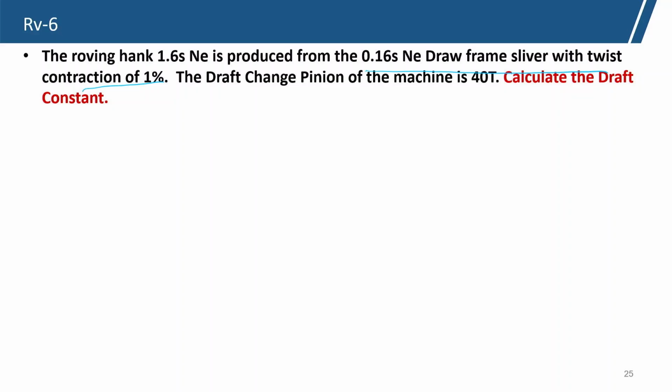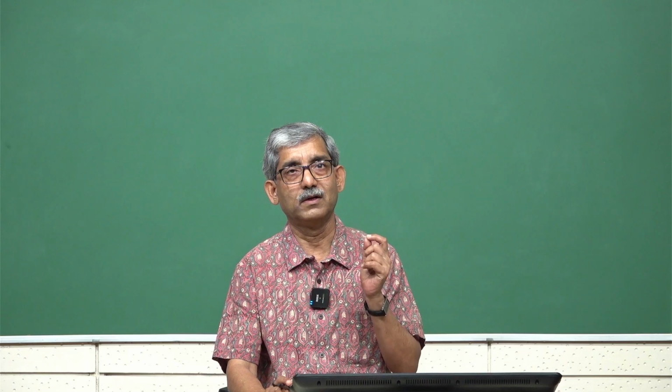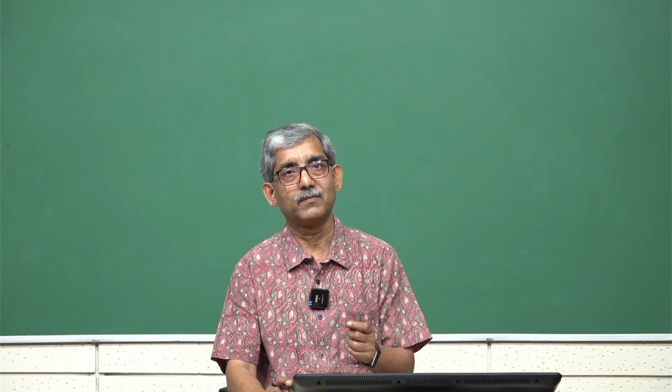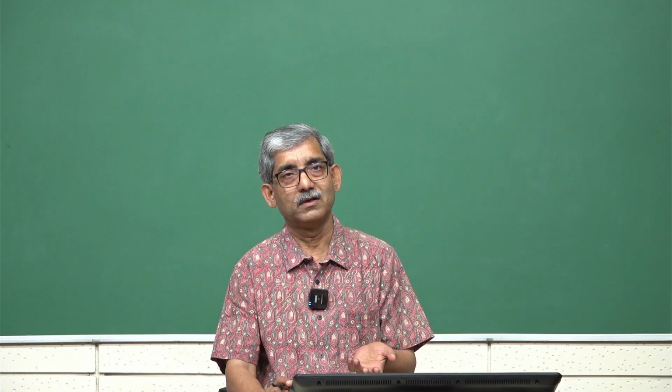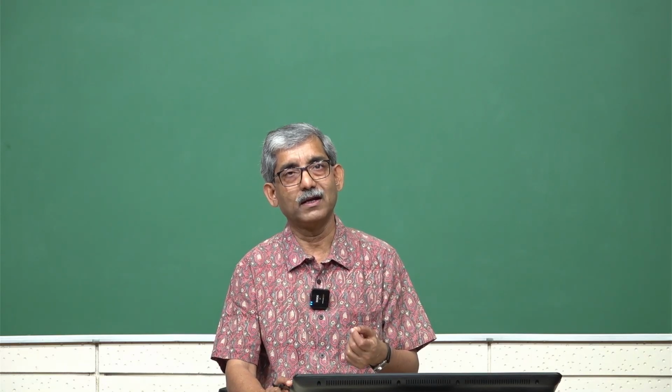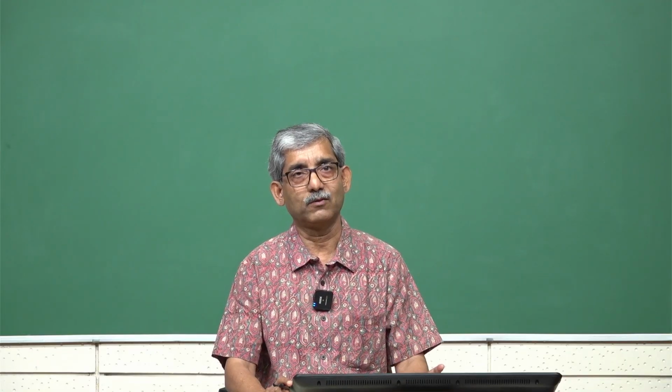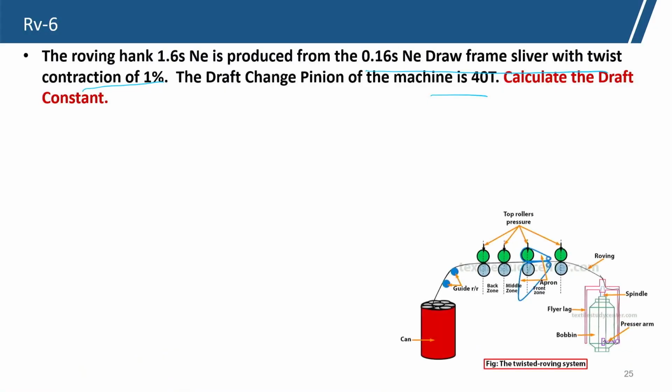The draft change pinion is 40. Calculate the draft constant. So, this is simple. We have the diameter, we have the count. So, from there we will calculate the actual count, then the actual draft, then the mechanical draft. From there we can calculate the draft constant.